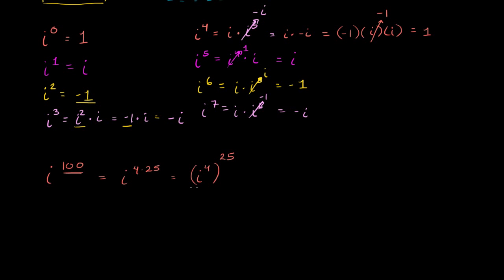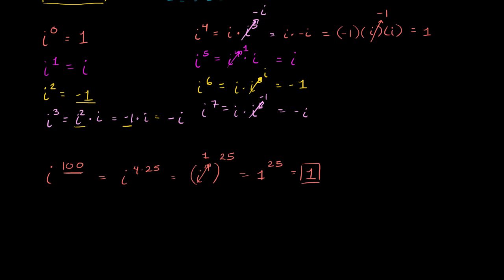And we know that i to the 4th is pretty straightforward. i to the 4th is just 1, so this is 1. So this is equal to 1 to the 25th power, which is just equal to 1. So once again, we use this cycling ability of i when you take its powers to figure out a very high exponent of i.